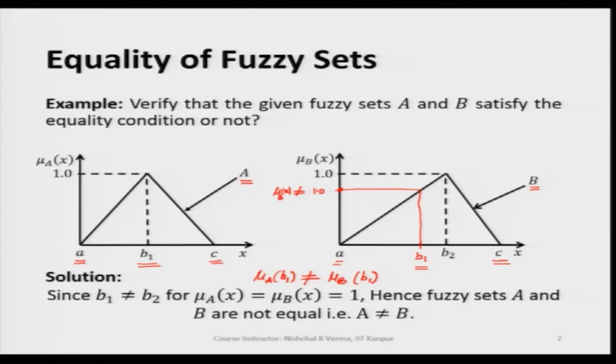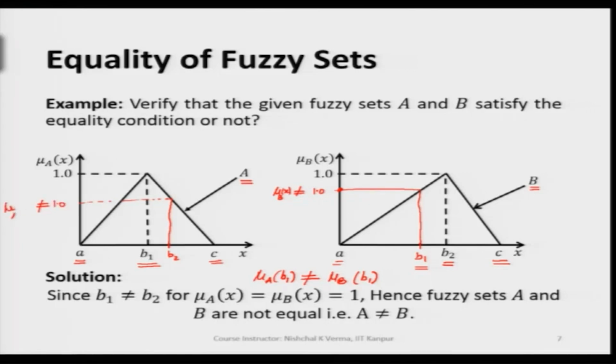And if we take a point B 2 in fuzzy set B, and take the same point B 2 in between A and C, we see that in fuzzy set A, the corresponding membership value is less than 1, or we can say it is not equal to 1.